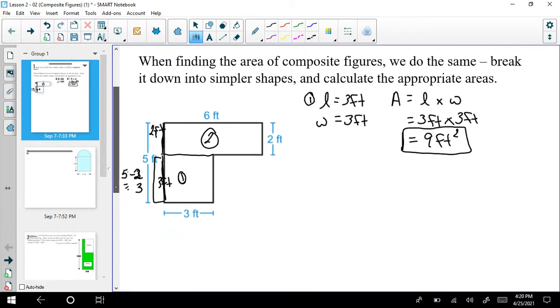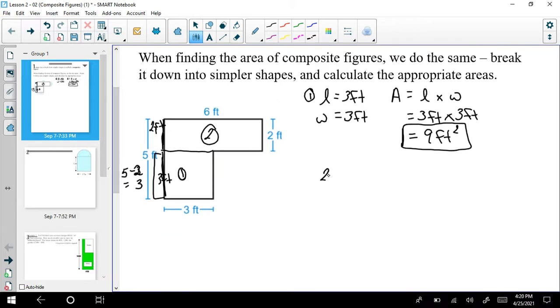So I'm just going to scroll down a little bit. My second figure is my rectangle, right? And I know that my rectangle has the same area equation, so I need to find my length and my width. The length of my rectangle is 6 feet, so I have 6 feet here. And my width, I know, is 2 feet.